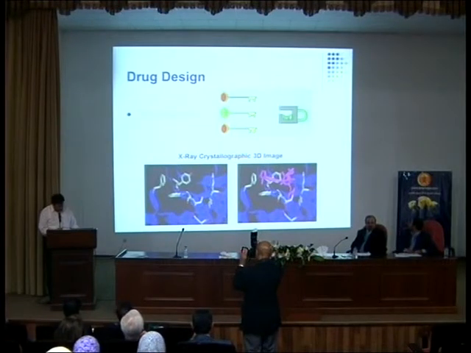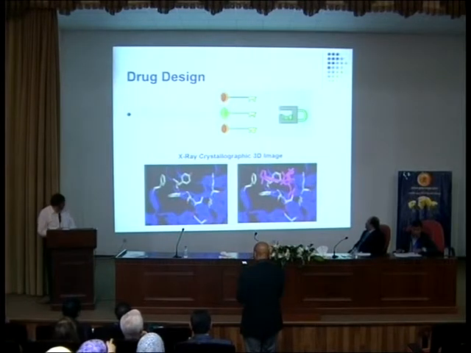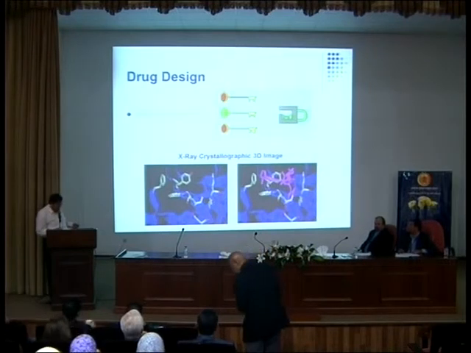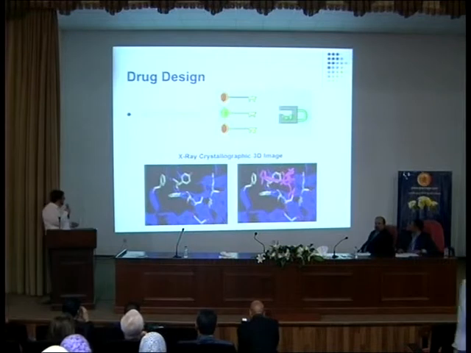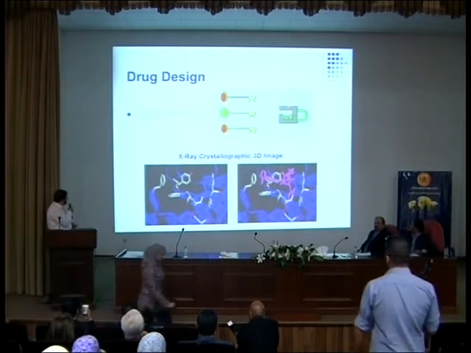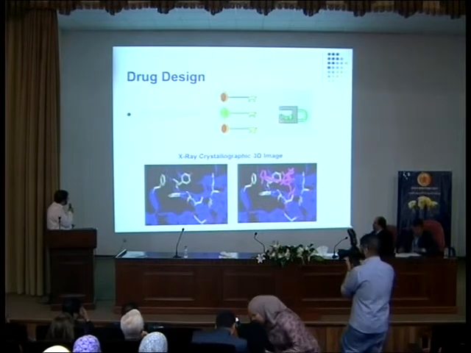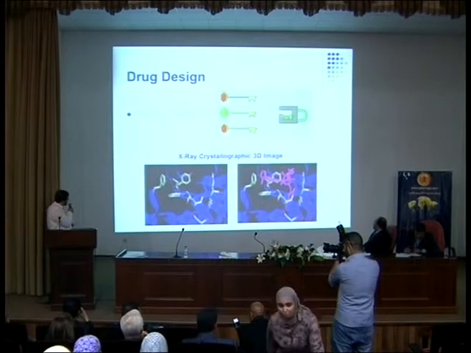Drug discovery and drug design can be divided into two methods, either structure-based, whereby you know how the binding pocket looks like, or the lock looks like. This is the receptor, and in this case you design a ligand that fits the lock of the binding pocket.